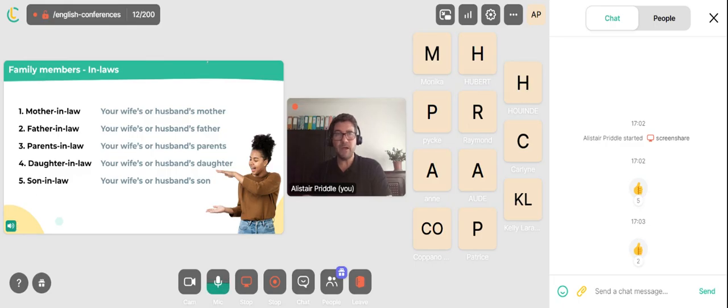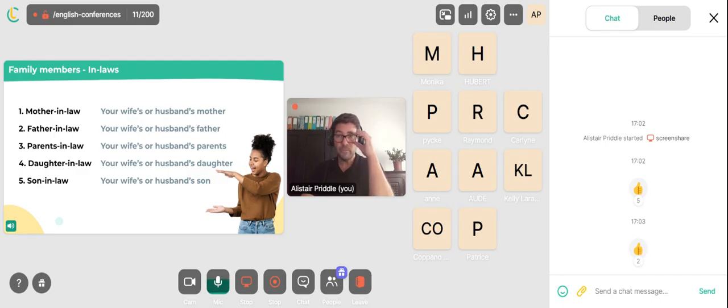So let's think about other family members. In-laws. Okay, the in-laws. Let's have a look. Number 1, mother-in-law. This is your wife's or husband's mother. Number 2, father-in-law. Your wife's or husband's father.